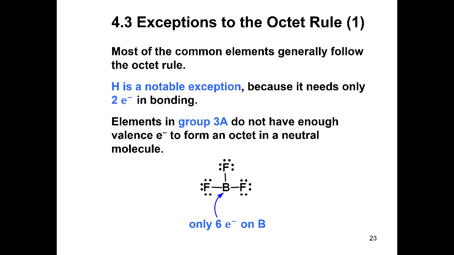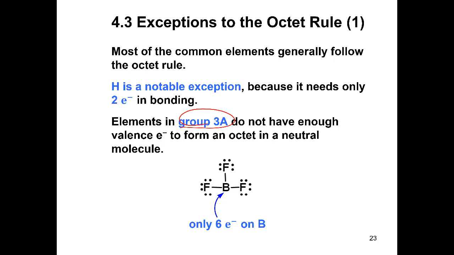Most of the common elements that we see are going to follow the octet rule. Obviously, hydrogen is an exception because it only needs 2 electrons. Elements in group 3A also do not have enough valence electrons to form an octet.